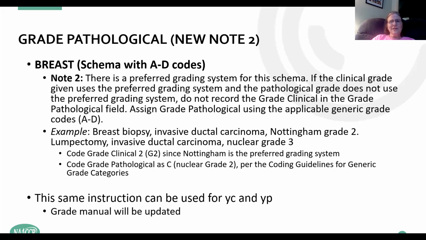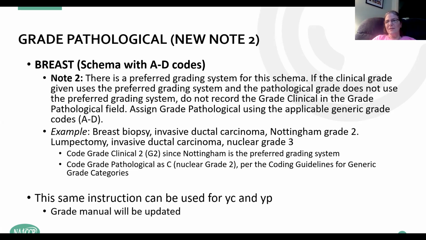Now, this is what AJCC has been saying all along, and it took several of us, including myself and Jim, to really get this straight, that in this case, you have the preferred grading system and you have the non-preferred grading system, and it would not be correct to code the Nottingham grade 2 in the pathological grade field because they are using a different definition.